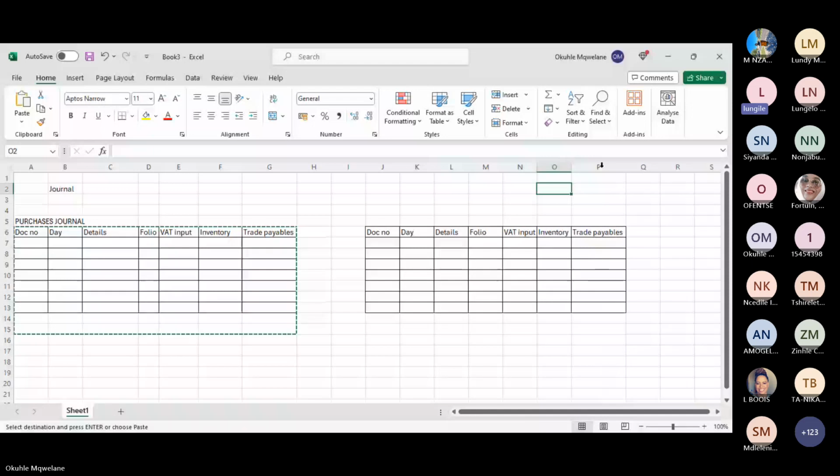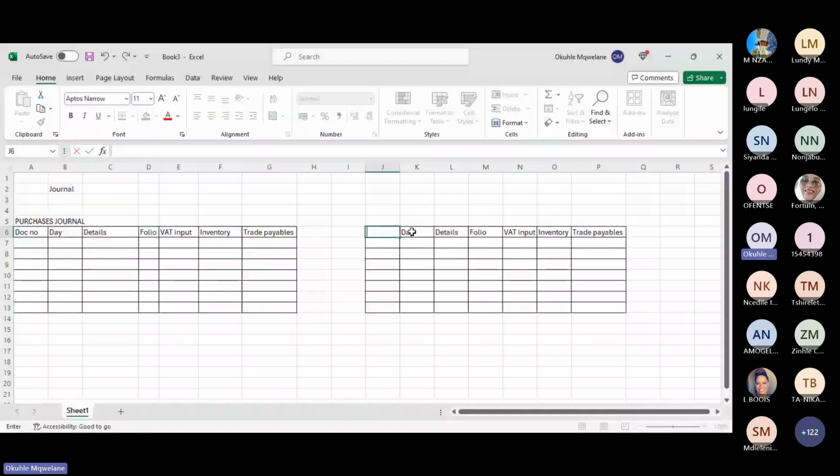Now that can be for your cash receipts journal. I think the example is pretty much understandable.